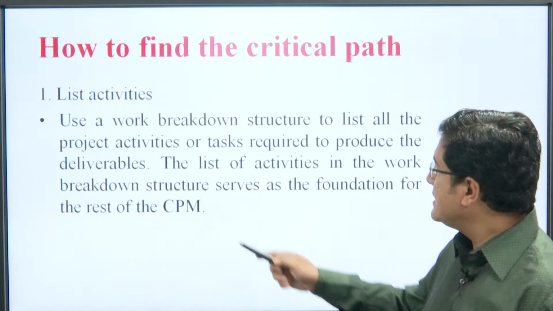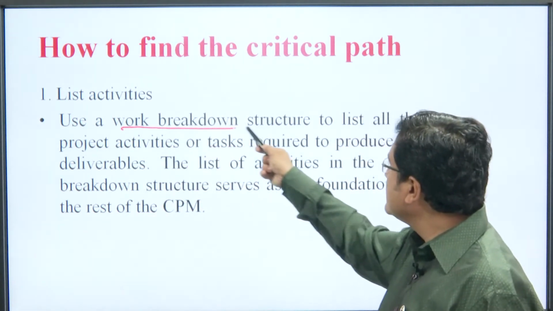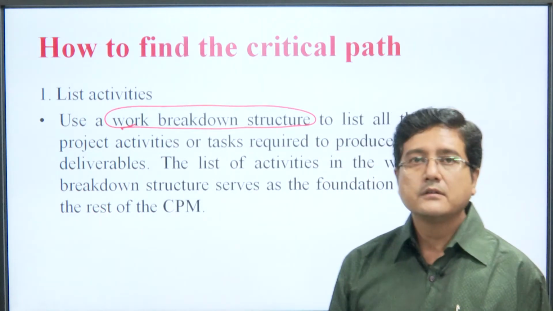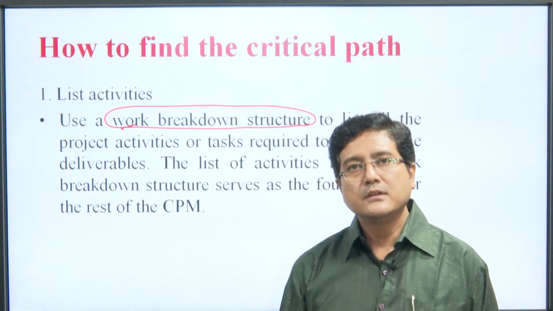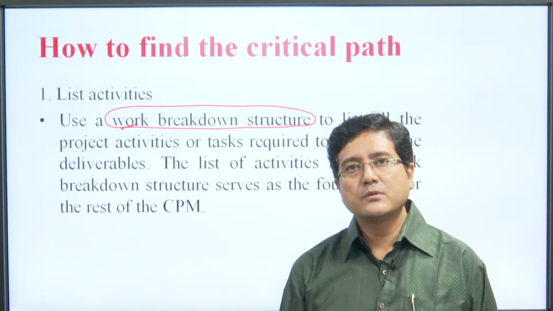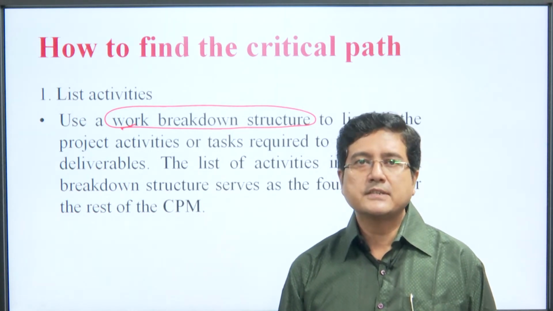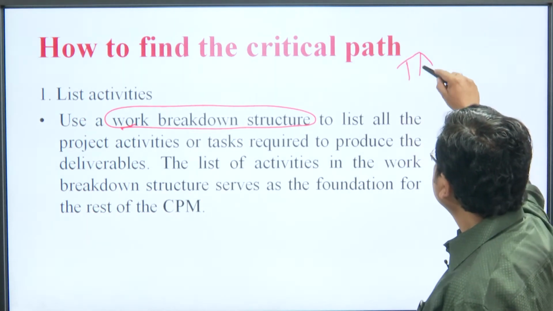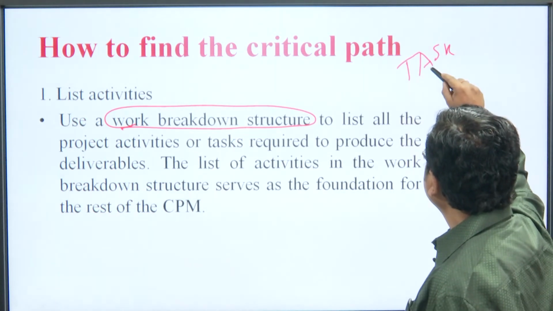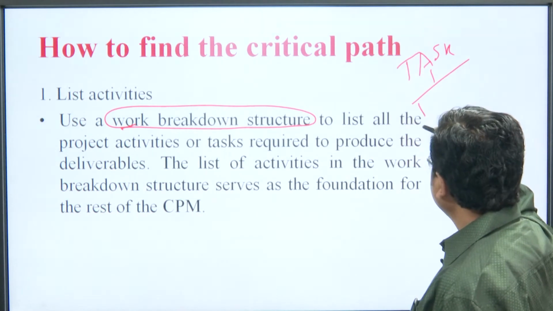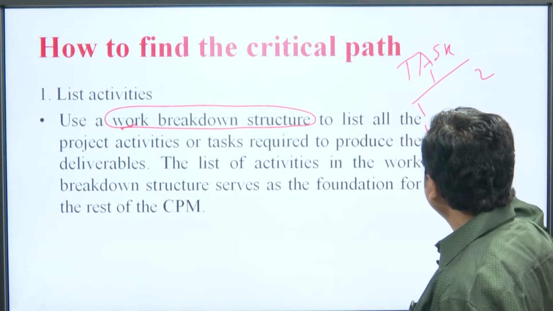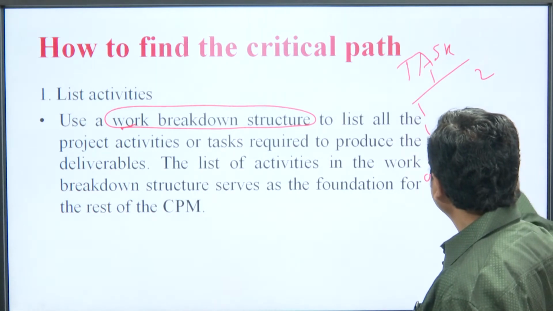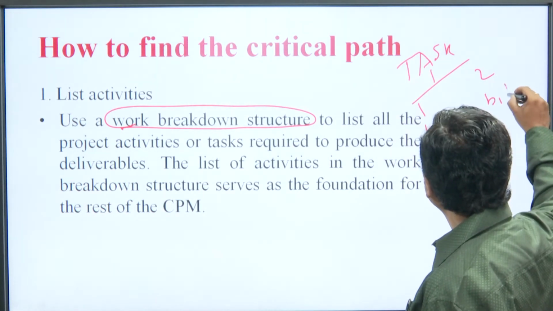Here this is reflecting the breakdown structure. We must understand how important it is. We have a task, we break it down into 1 and 2, then further break down into A1, A2, B1, B2.